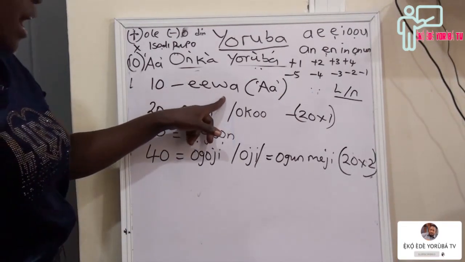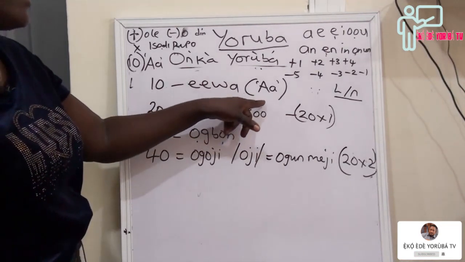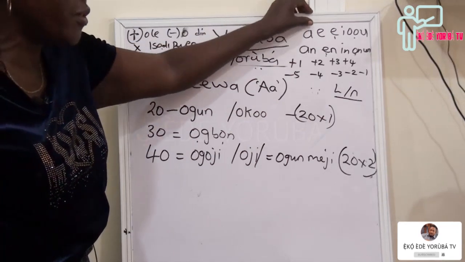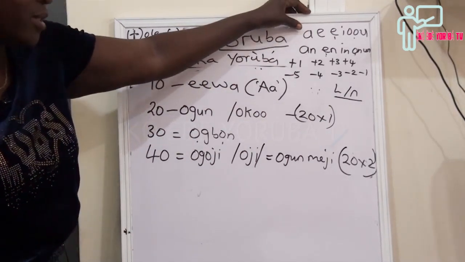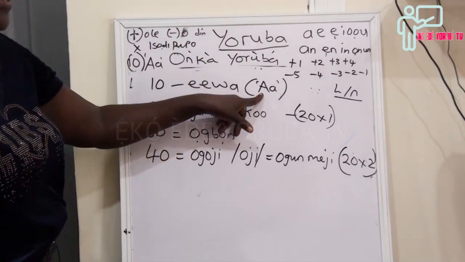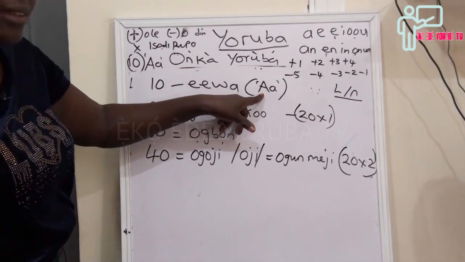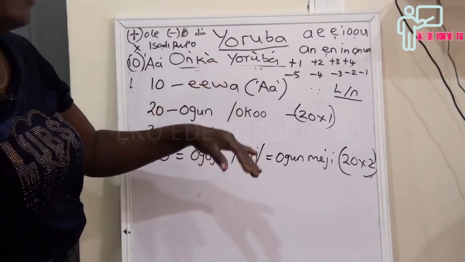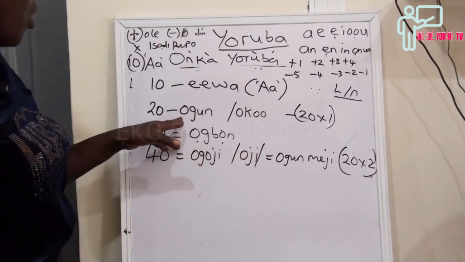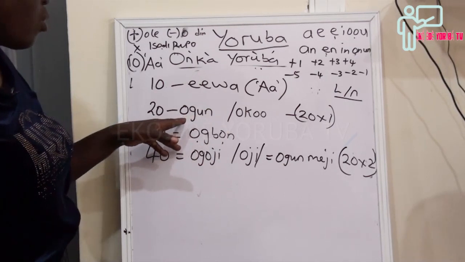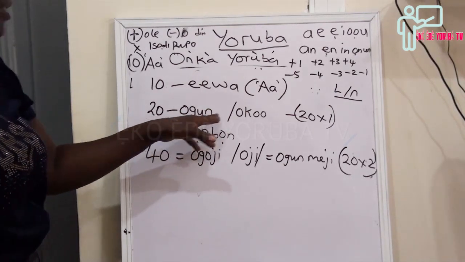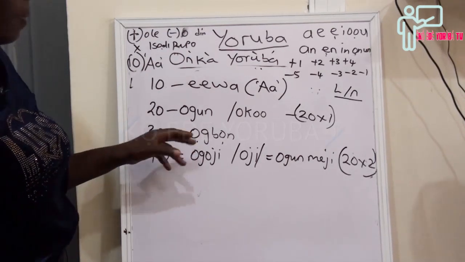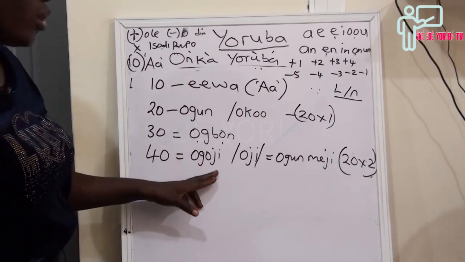10 ẹ̀wá. And as time goes on, I said that we still be using this one. You know, in the alphabet, the vowel or alphabet in Yoruba, we said this one is a, but it's 2 now. A. So ogún, another name for ogún, that is 20, is okòó. 30 ọgbọ̀n. 40 ogójì.